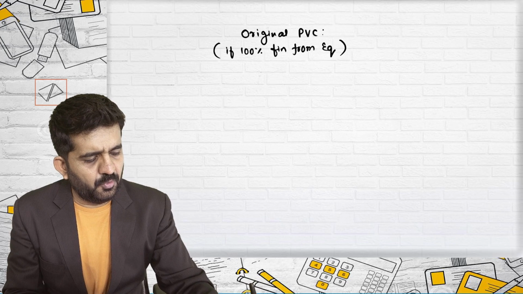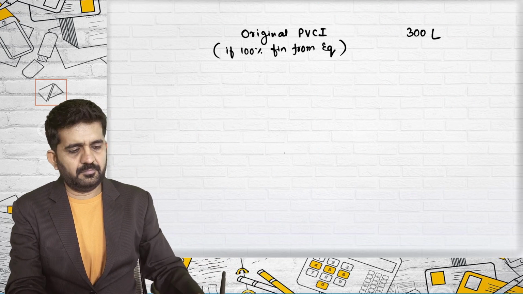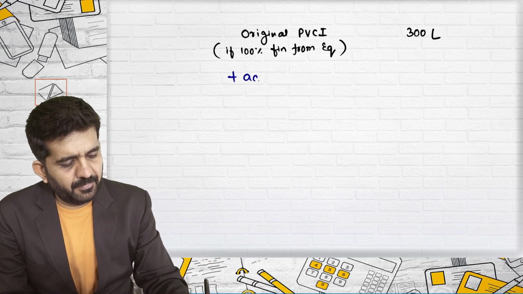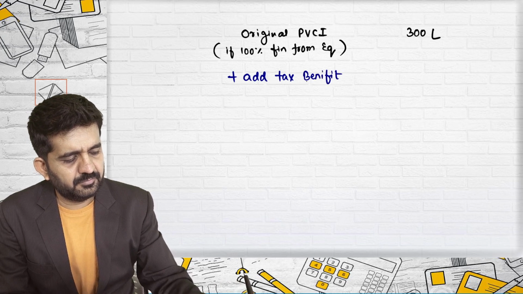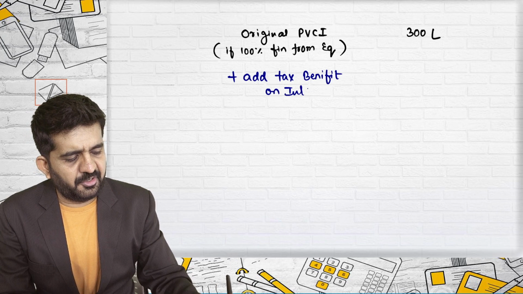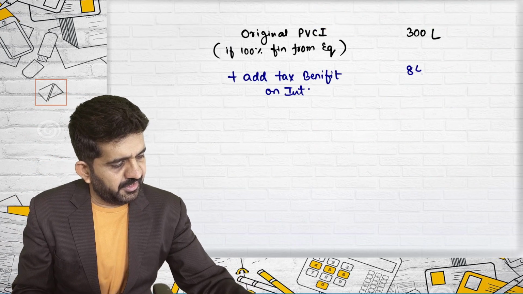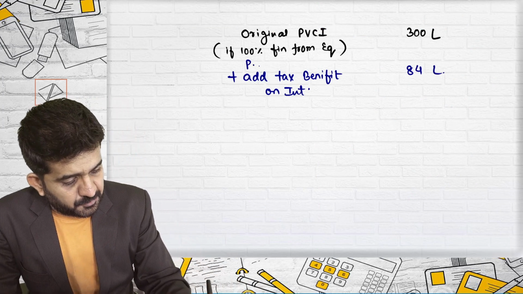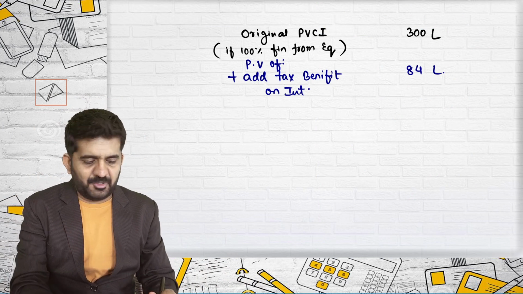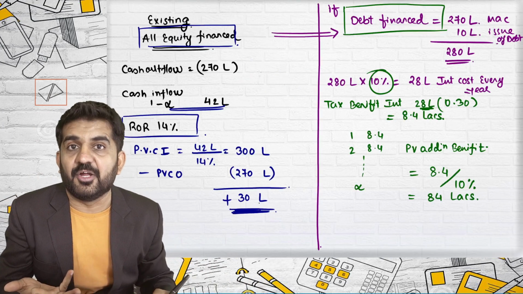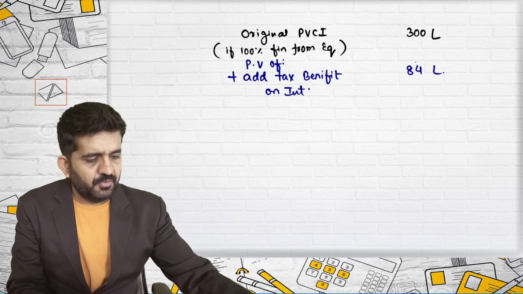Original present value of cash inflow will be 300 lakhs plus additional tax benefit on interest, 84 lakhs. Not only additional tax benefit, this is present value of additional tax benefit on interest. Tax benefit on interest is only 8.4 lakhs per annum. The present value of all this benefit is nothing but 84 lakhs.